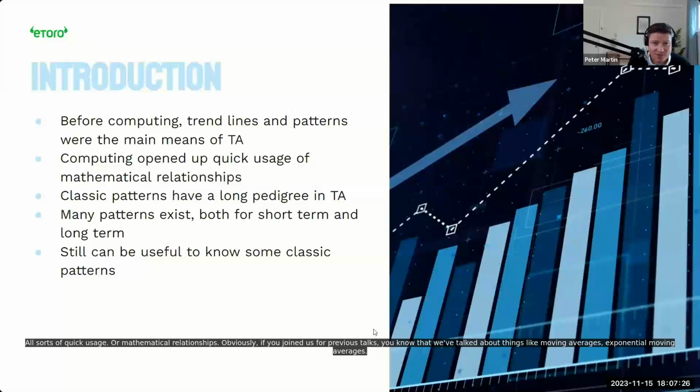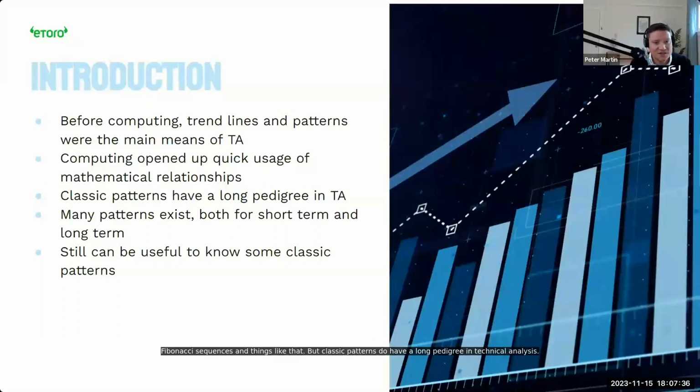Obviously, if you've joined us for previous talks, you know that we've talked about things like moving averages, exponential moving averages, Fibonacci sequences, and things like that. But classic patterns do have a long pedigree in technical analysis. I think it's pretty useful just to have some idea of how it works. And I would still say that the indicators we've looked at already are more important. They're more useful. But this is something that can be handy to have in your back pocket just so you know about it.